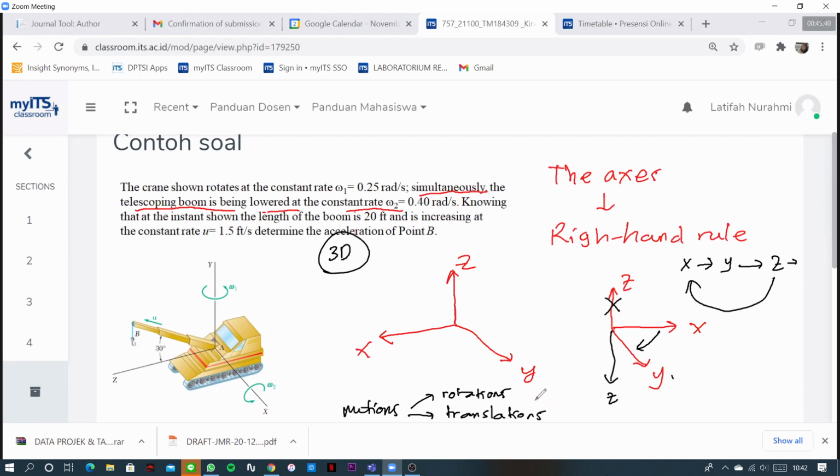Okay, and then in three-dimensional space, rotations can be about 3 different axes, and translation can also be about 3 different directions.